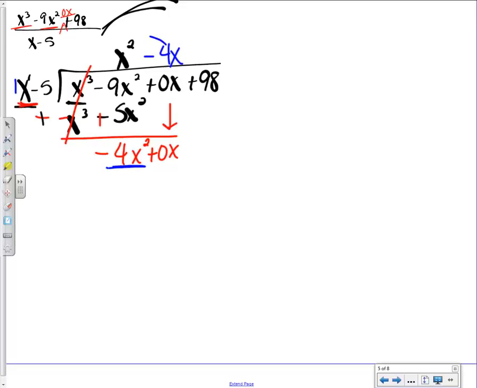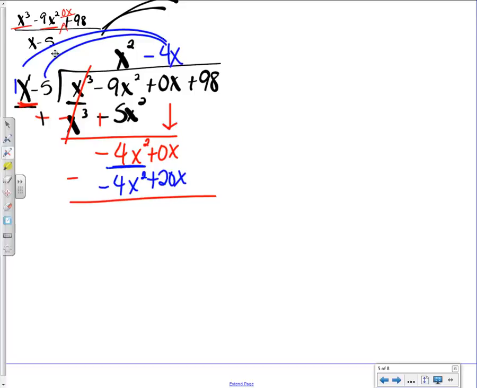So now I'm going to multiply negative 4x times both pieces. Well, negative 4 times negative 5 gives me a positive 20x. Negative 4x times x gives me negative 4x squared. I want you to know that this is a subtraction problem. I'm going to change the sign of both numbers that follow. So this comes down to be negative 20x, and these two cancel. I'm going to bring down my plus 98.